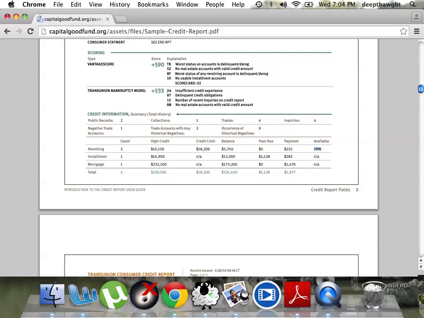All right, now, in this case, there's a mortgage. Down at the third section, there is one mortgage, high credit of $232,500. So when they first purchased that house, they took out a loan for $232,500. Now, there is no credit limit on it because you could borrow against your house, but in this case, that would be considered a refinance or a streamlined type of mortgage.